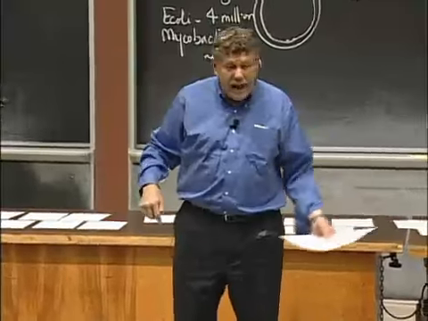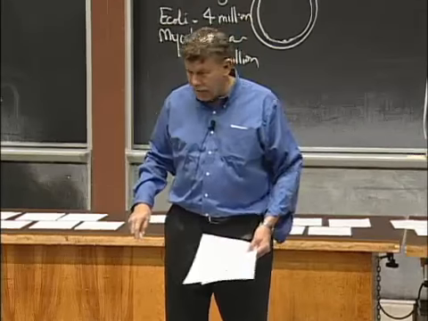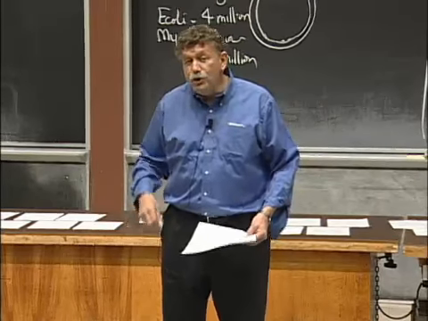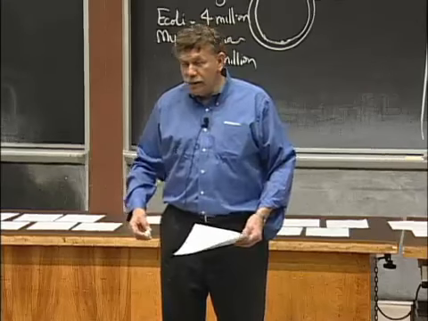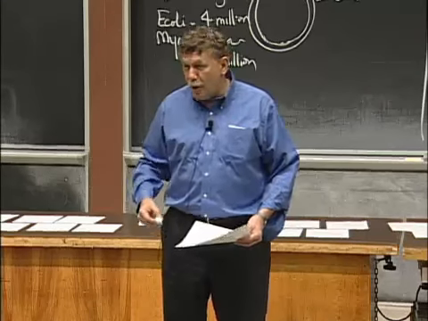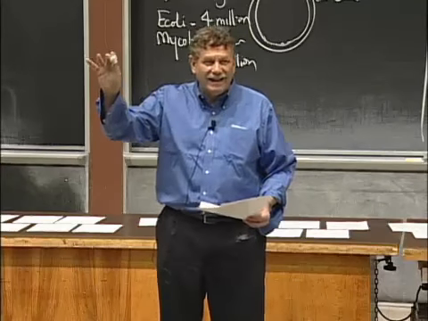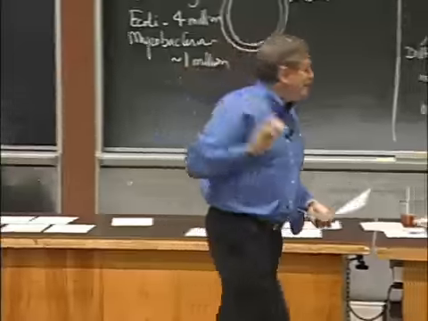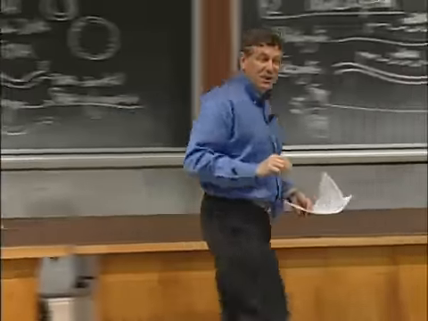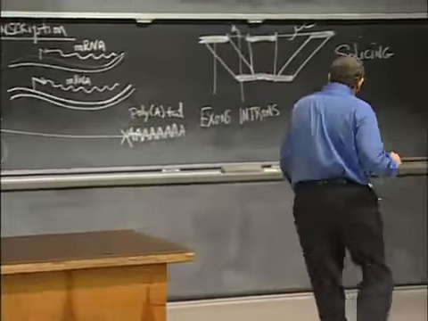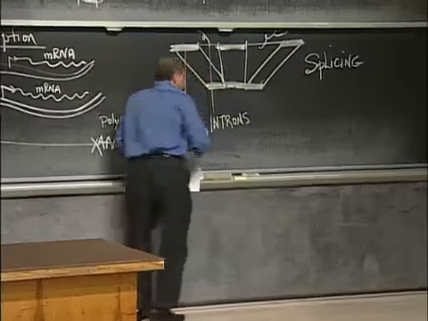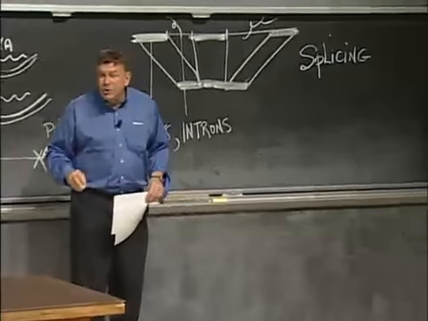As I told you, the phenomenon was discovered by Phil Sharp at MIT. The nomenclature was proposed by Wally Gilbert at Harvard, who's a good friend. I'm teasing Wally, but Wally is responsible for this nomenclature that confuses generations of students. Why is this called an intron?